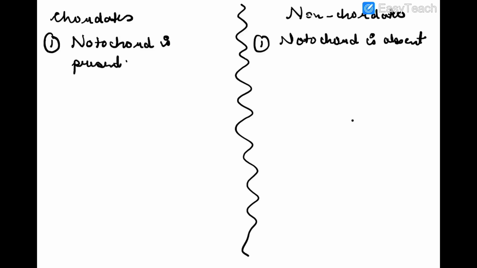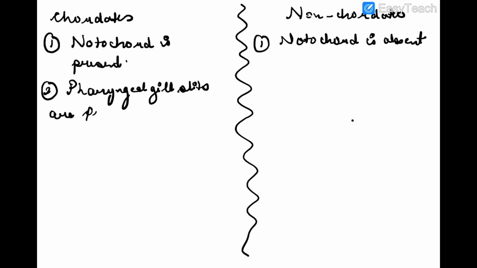The second major difference is that in chordates pharyngeal gill slits are present, which is the characteristic feature of chordates, whereas in non-chordates pharyngeal gill slits are absent.